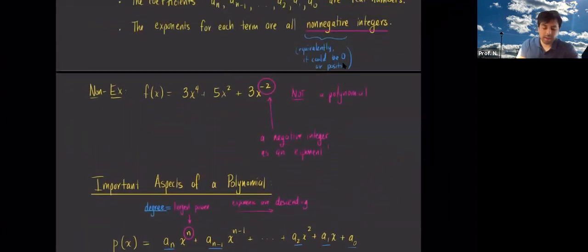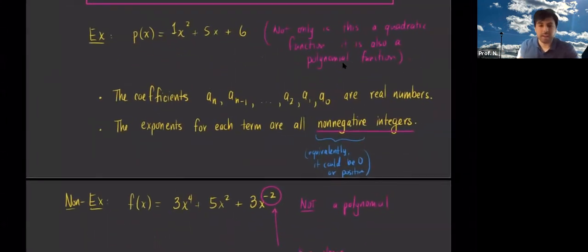If you go back to our example of a quadratic function, which is also a polynomial, what would be the degree of a quadratic function? 2. That's right. That's as simple as it is, guys. We literally look at the polynomial and ask, what's the highest power? Well, here, obviously, it's 2. So that would be my degree.